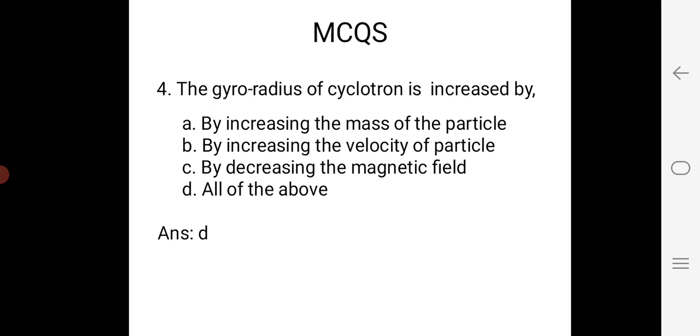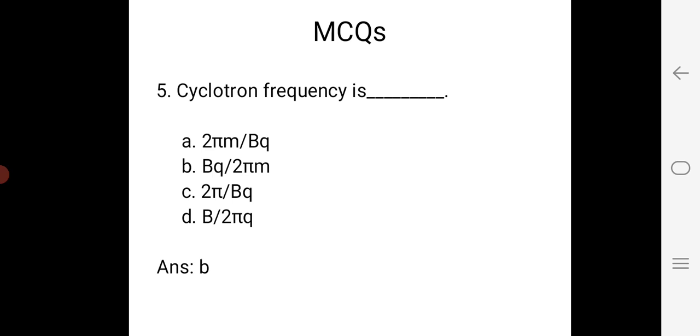The gyro radius of the cyclotron is increased by increasing the mass of the particle, by increasing the velocity of the particle and by decreasing the magnetic field. So all the above is your answer. Cyclotron frequency is Bq by 2 pi m.